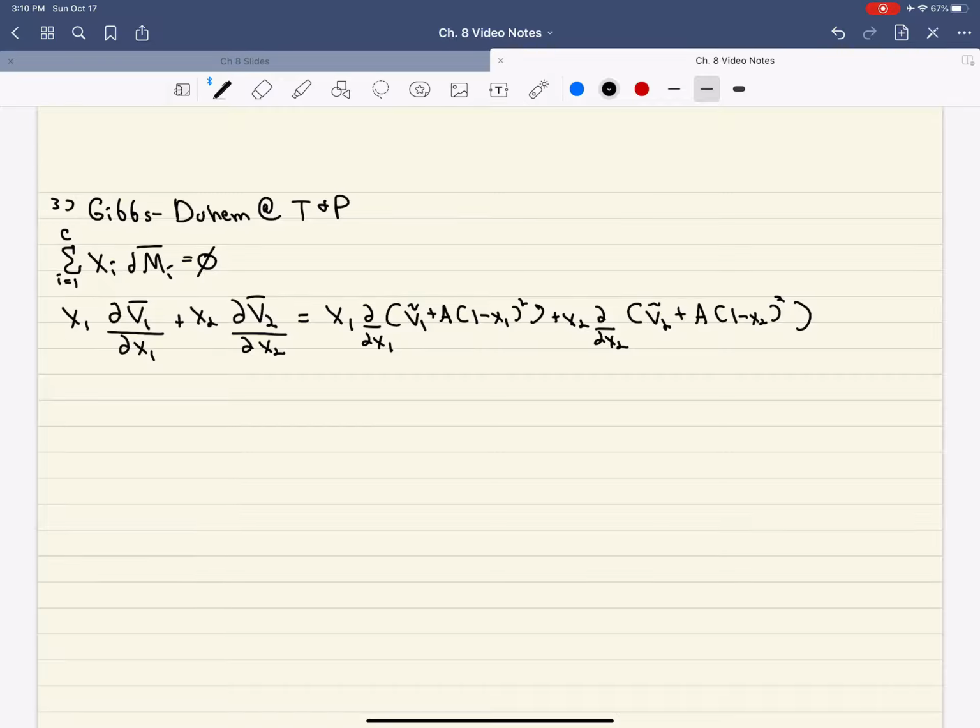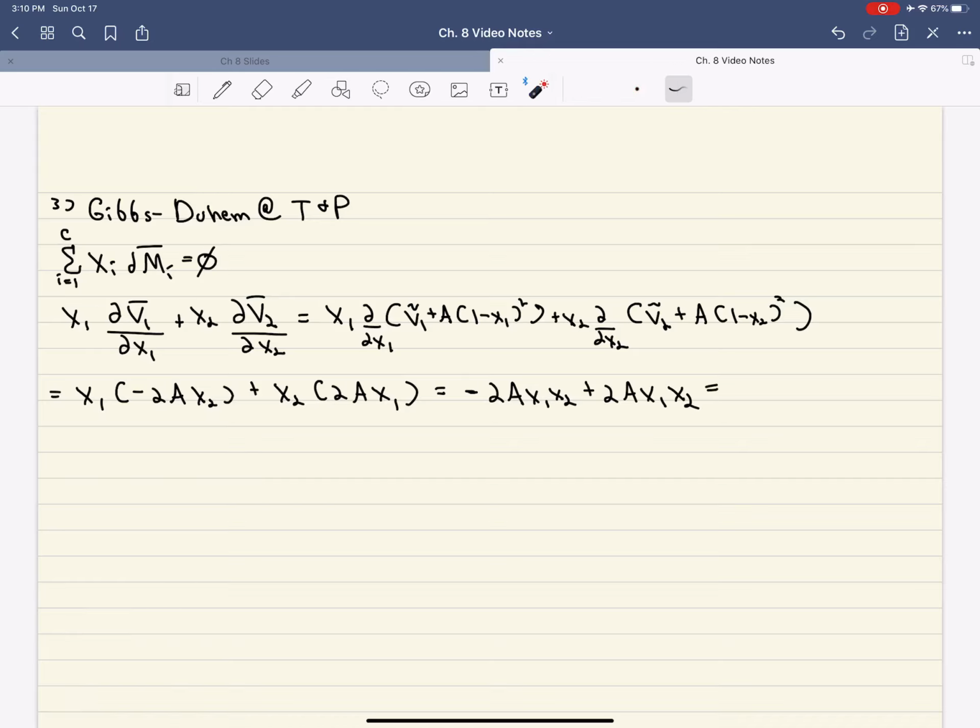If we work out that math, we get x1 times negative 2a x2 plus x2 times negative 2a x1. Multiply those across and we get negative 2a x1 x2 plus positive 2a x1 x2. Same magnitude, opposite signs, those equal 0.